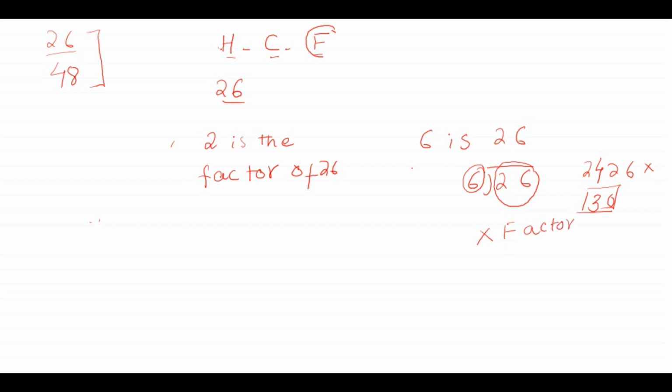Okay, in the same way you can find whether 8 is a factor of 26 or not. Do it yourself and then tell your answer. The same way, go into the times table of 8 and try to find 26. You know 8 times 3 is 24, which means 8 is not a factor of 26.